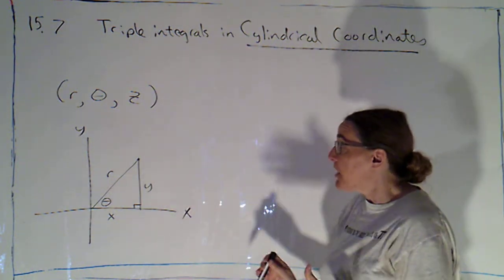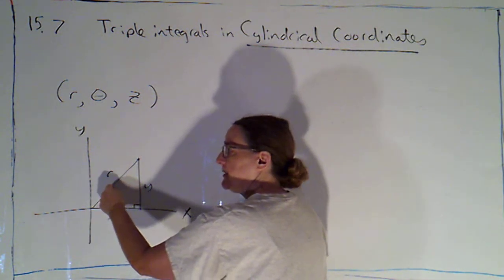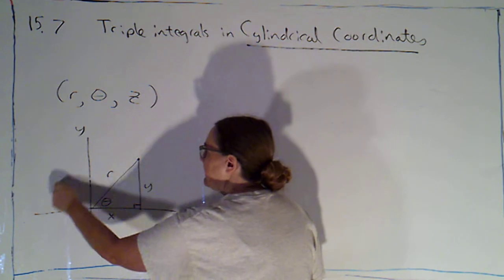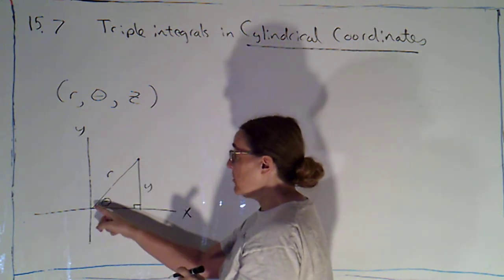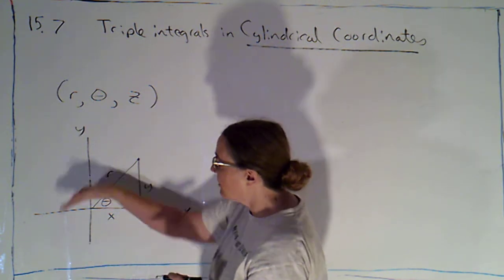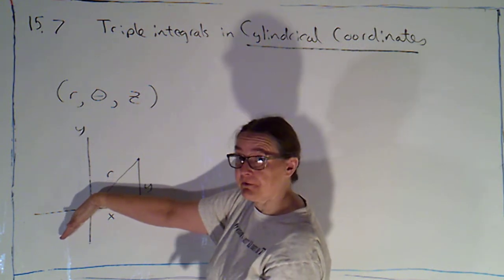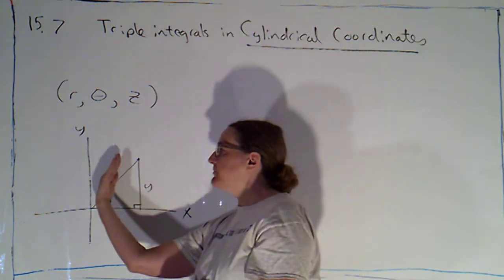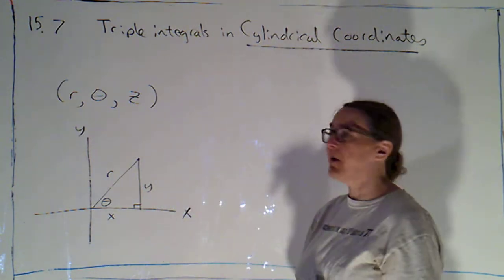But another name for this point, I could have theta rotate all the way around, and then a little bit more. I could have a negative theta that rotated around this way. If I really wanted to, I could have r be negative and have theta be an angle that pointed into quadrant 3, so that r being negative would flip me back into the opposite quadrant. In theory, that's all possible.